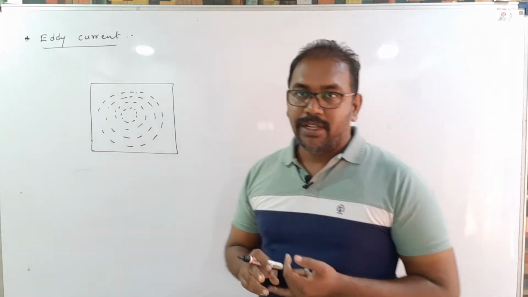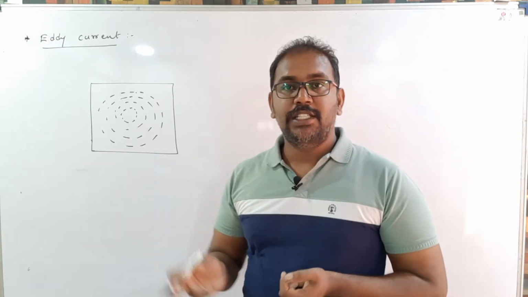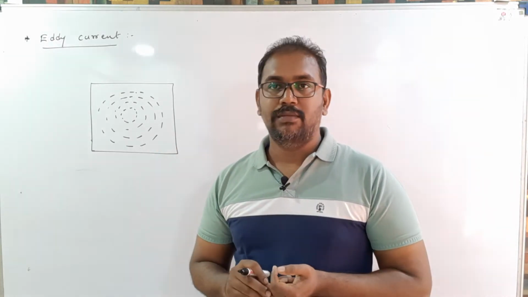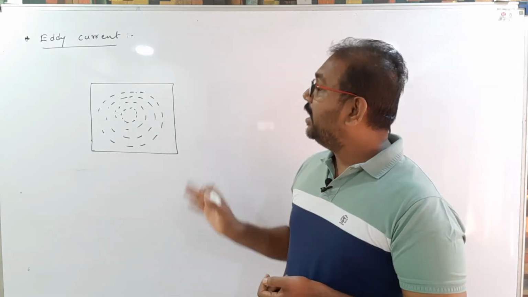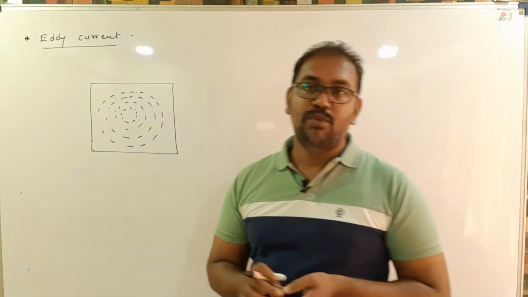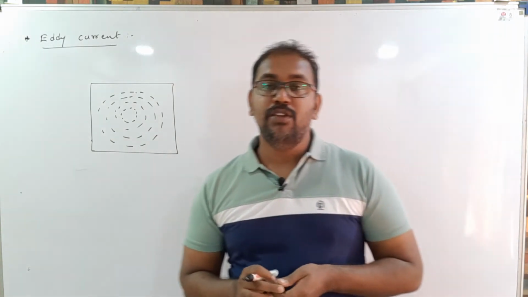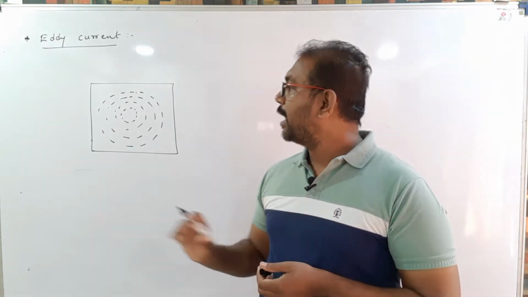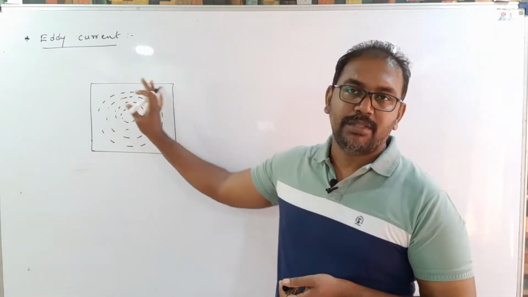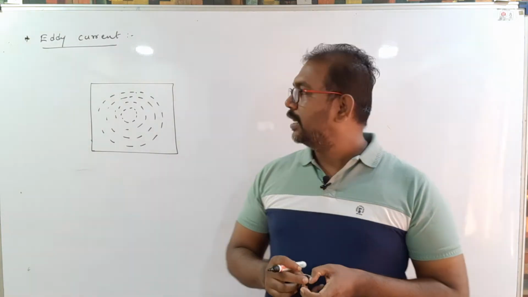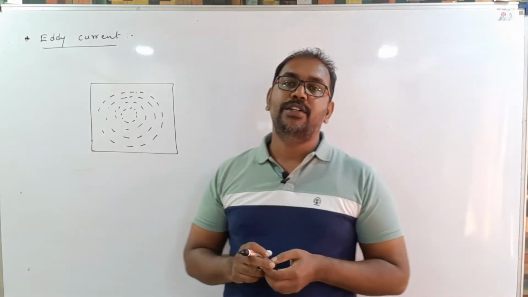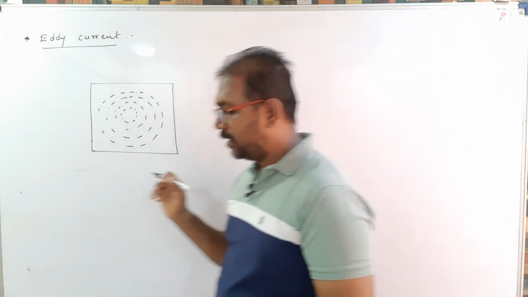It is induced when the metal block is placed in a changing magnetic field or moved in a uniform magnetic field, because the magnetic flux related to the metal plate changes.